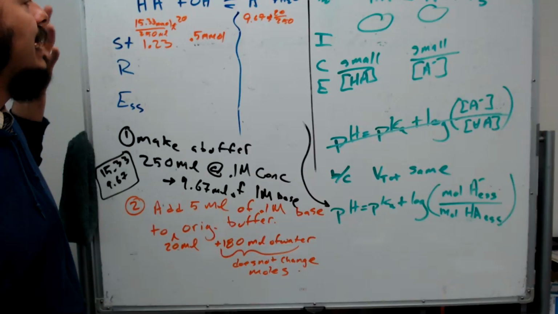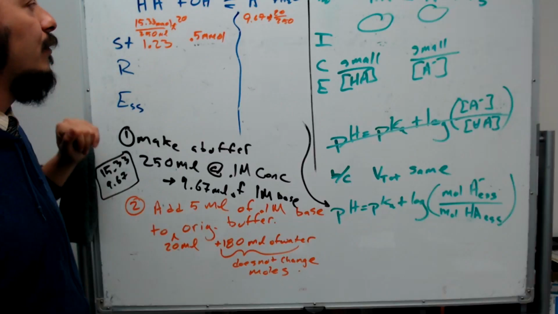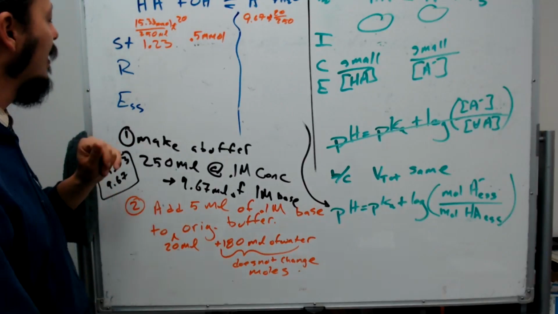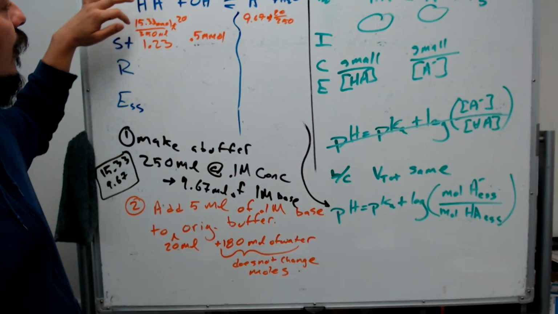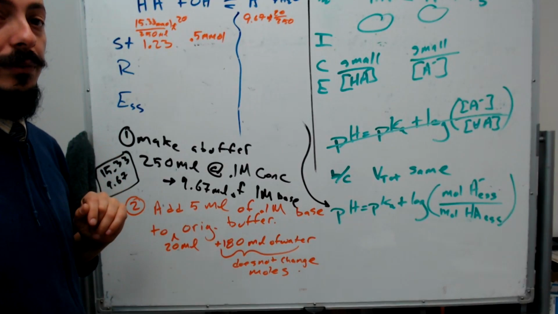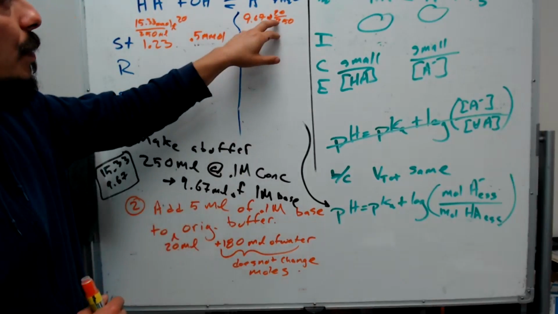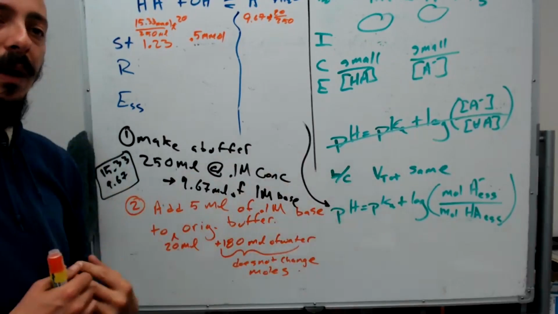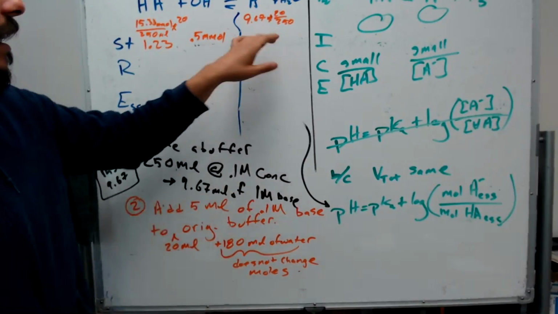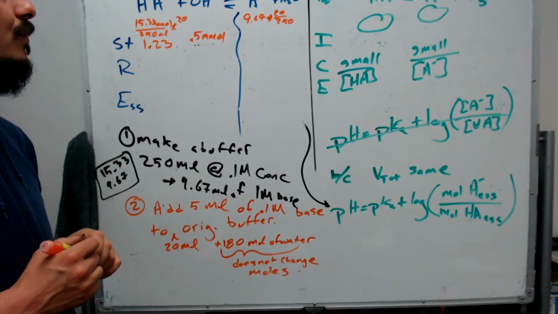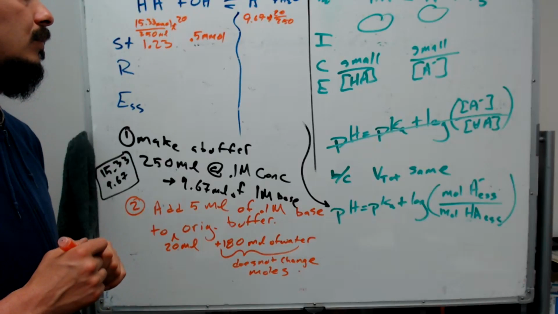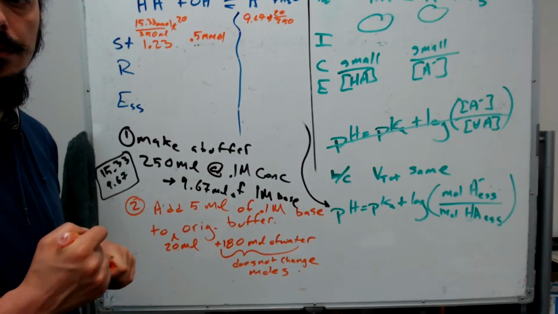If you were doing it to 25 milliliters instead of 20, that would have worked out a lot better mathematically. But if you were doing it to 25 milliliters, you would have had 1/10 of your moles, right? So this proportionality says, how many moles of my original buffer did I take? 9.67 times 20 divided by 250, 0.77.